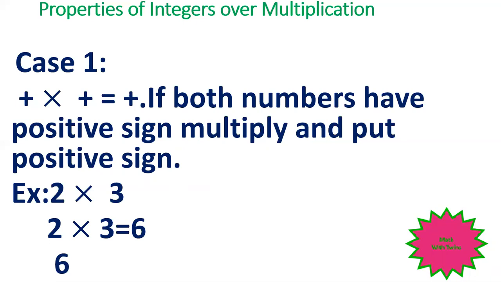In that case, what you have to do is multiply 2 into 3, which will give you 6, and then put a positive sign in front of your answer, which will give you positive 6. So we can say that the product of positive 2 and positive 3 is positive 6.